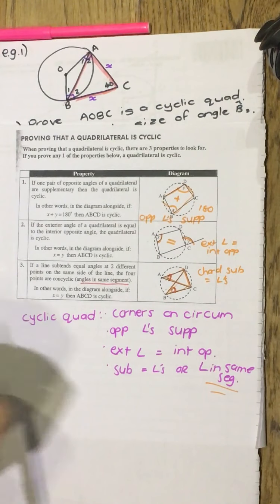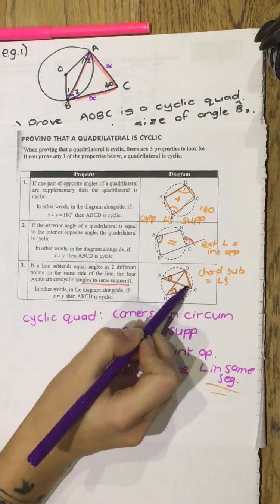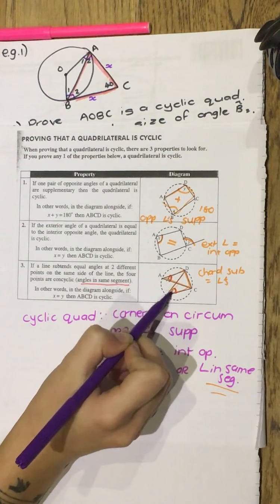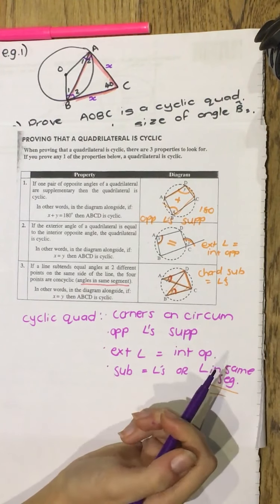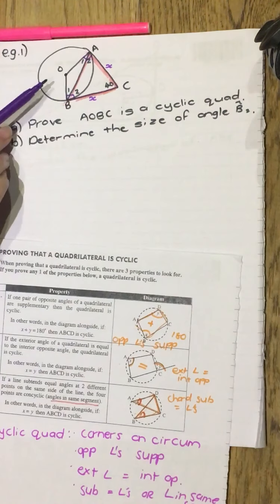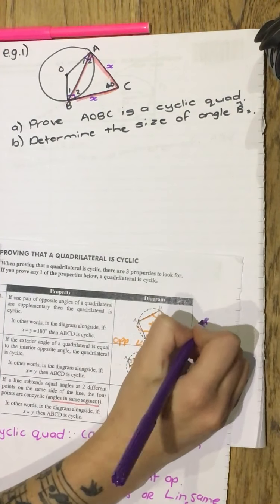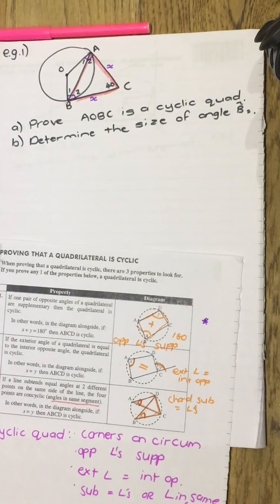Or your last one is you can use angles in the same segment, when you remember the bow tie thing. So you prove that the two little pieces of the bow tie are equal to each other. If I look at this one though, I don't really see any bow tie shapes and I don't see any exterior angles. So I'm most likely going to go with number 1, proving that the opposite angles are supplementary, that they add up to 180.